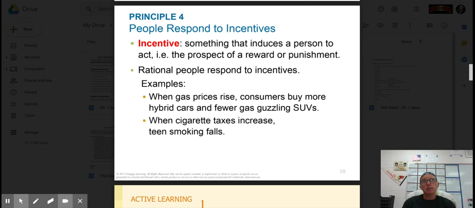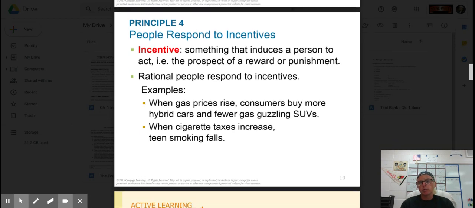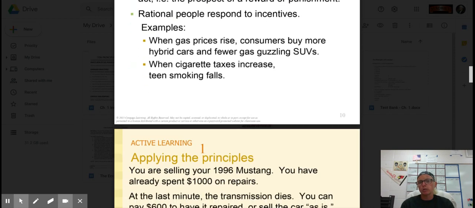If they increase taxes on smoking, people will want to smoke less, and that's an incentive. Or it's really quite simple. Sometimes I do this with you guys. If you guys increase your grades from test to test, I give you treats, COVID-friendly treats, of course. And that's an incentive for you. We all respond to incentives, whether they are rewards or punishments.